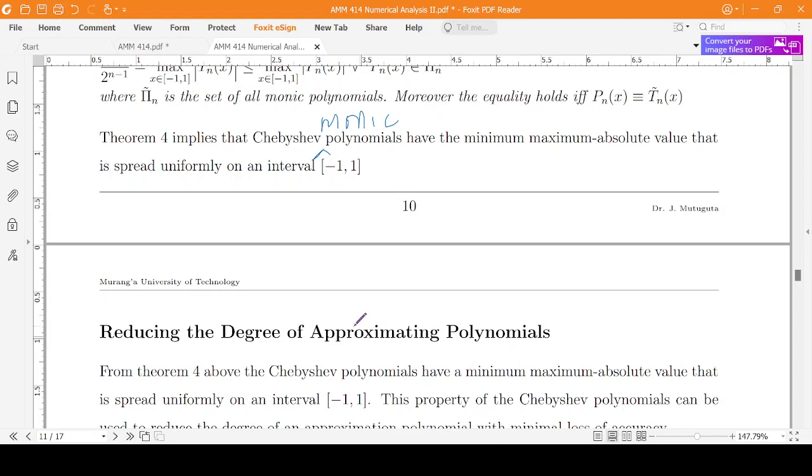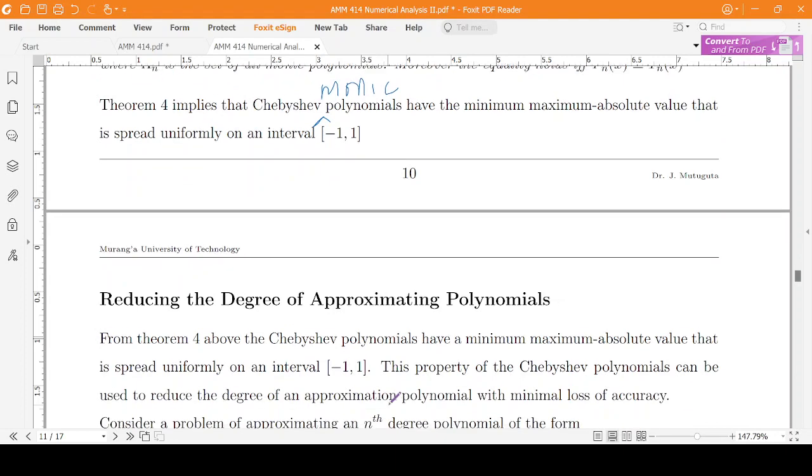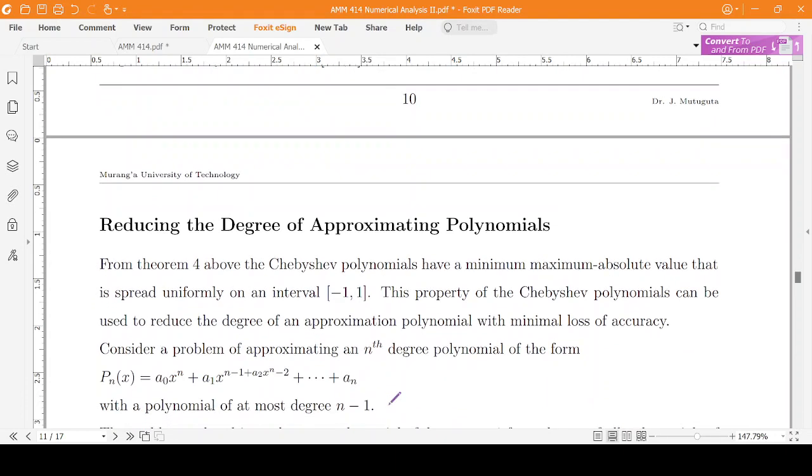So from theorem 4 above, Chebyshev polynomials have the minimum maximum absolute value that is spread uniformly on the interval -1 to 1. And this property of the Chebyshev polynomials can be used to reduce the degree of an approximating polynomial with minimal loss of accuracy.